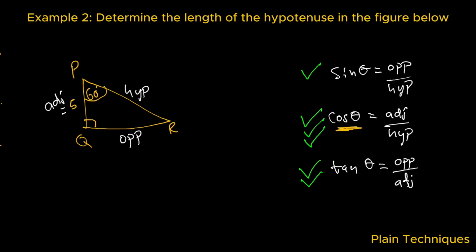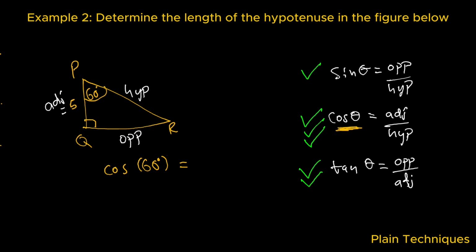All right, let's go. I'm going to say cos 60, because 60 degrees is the angle that we are given here. So cos 60 equals to, now, if you check here, this is the adjacent. Do we know what the adjacent is? Yes, we know the value of the adjacent, which is 5.